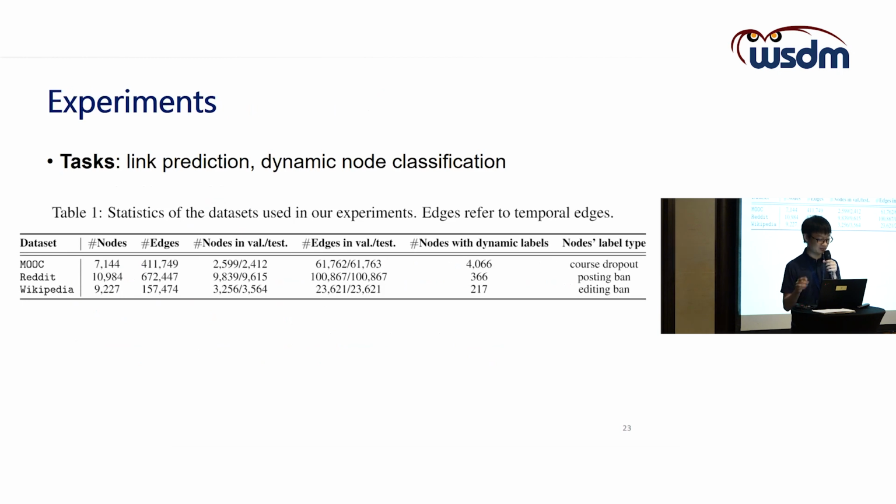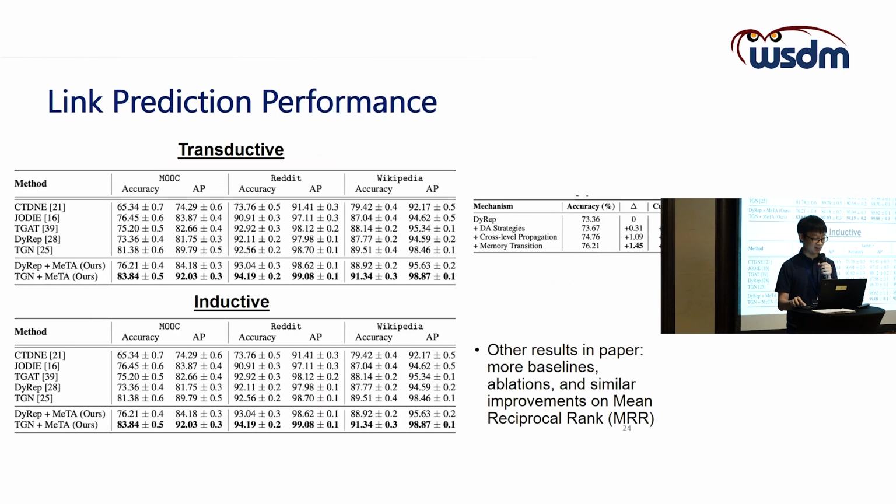Okay, so here are the experiments. We experiment with link prediction and dynamic node classification on the MOOC, Reddit, and Wikipedia datasets. You can see that our meta approach quite consistently improves the performance of the existing approaches, both in the transductive case as well as the inductive case.